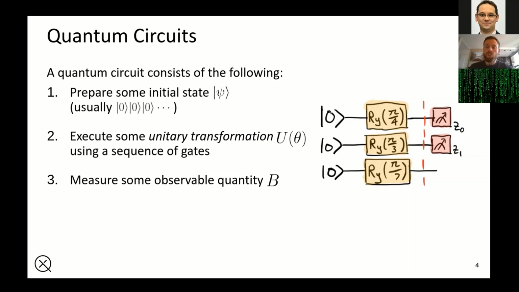Once you have initialized your states for each of the qubits, we can then evolve this state vector by a certain unitary transformation u. One thing to note is that we will be parameterizing this unitary transformation u by some theta parameters.